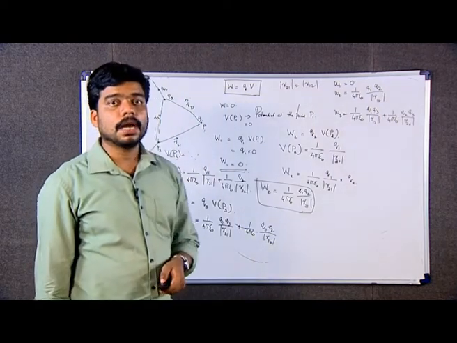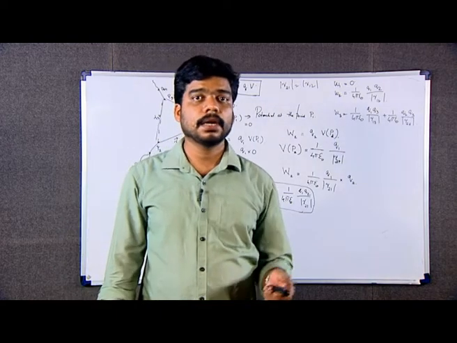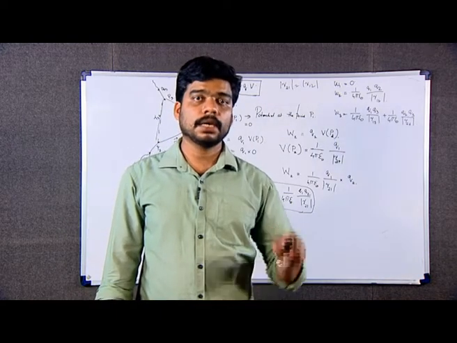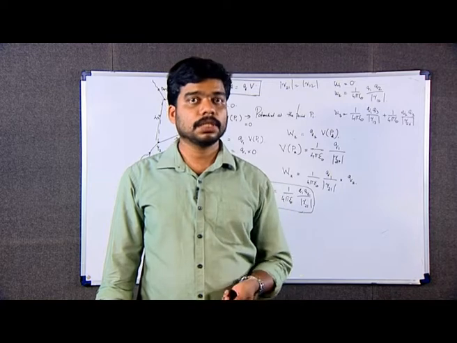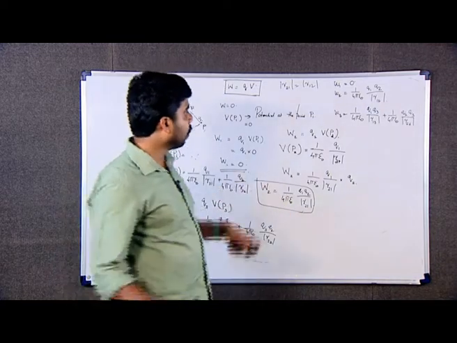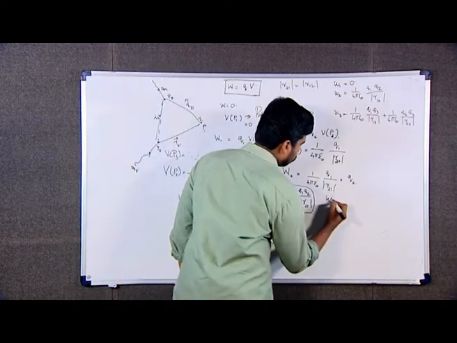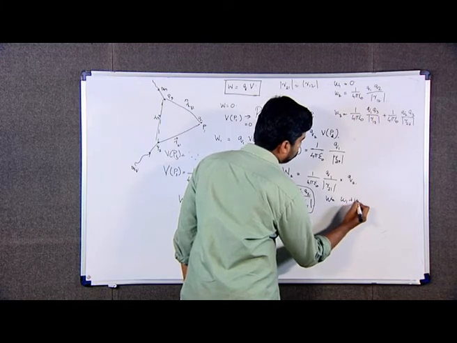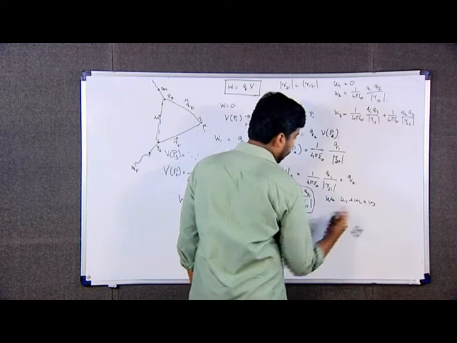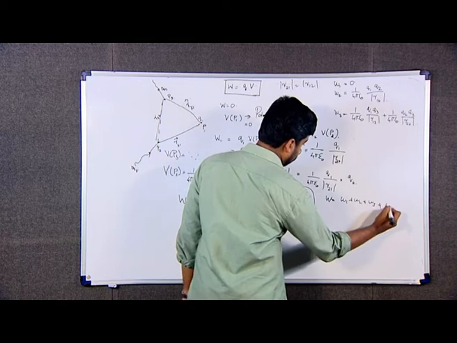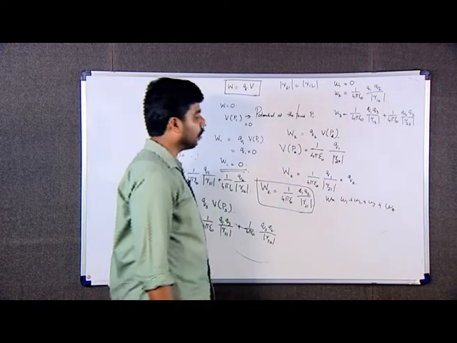In general, the total work done is W is equal to W1 plus W2 plus W3, and if there are 4 charges then it is plus W4.